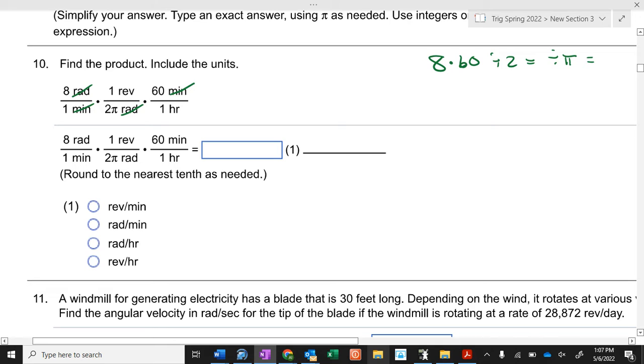Or if you divide by 2 pi, make sure the 2 pi is in parentheses, because the calculator does order of operations as dividing by 2 times by pi instead of dividing by 2 and dividing by pi. So make sure you do it right. What do we come out to be here? Because we have revolutions in hours, so it must be revolutions per hour. How many revolutions per hour do we get? Round to the nearest tenth. 76.4 revolutions per hour.